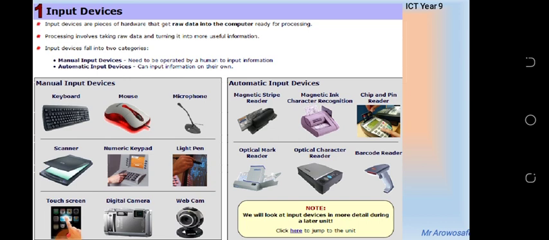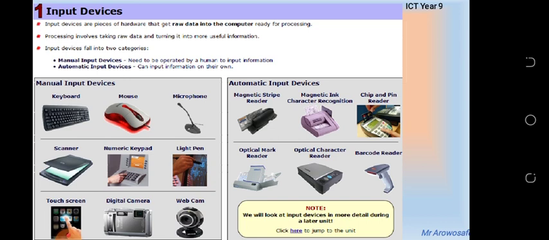Now, automatic input devices. Automatic input devices can input information on their own. It means that all these devices can be operated automatically. Now, what are the examples of manual input devices?